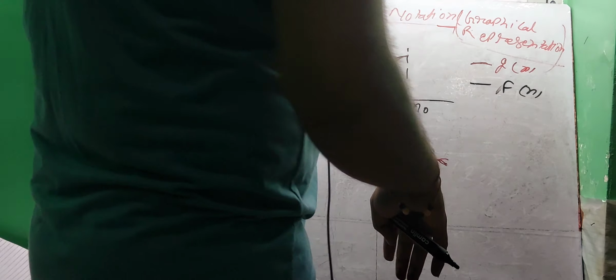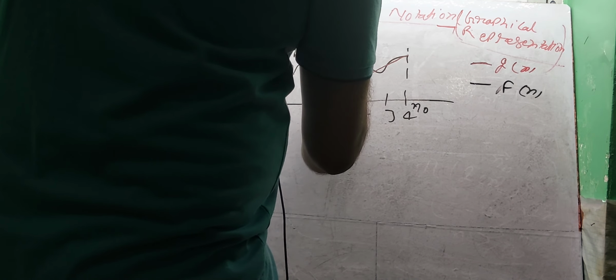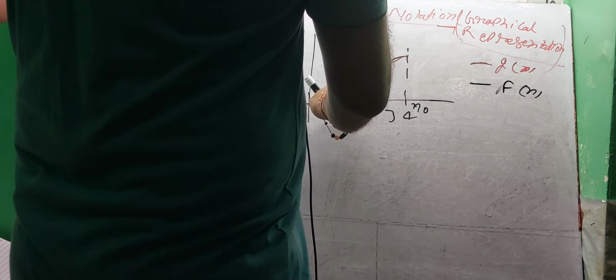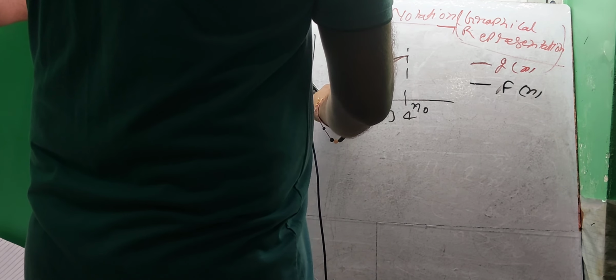We are not able to find, from 1 to 4, for example, we are not able to say that g of n is greater than f of n, or f of n is greater than g of n, or which relation holds between g of n and f of n.